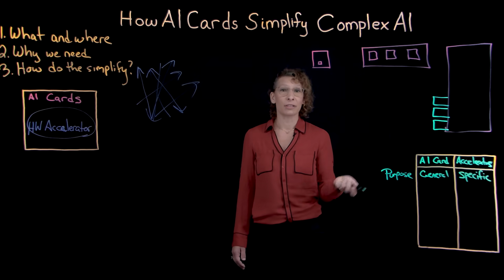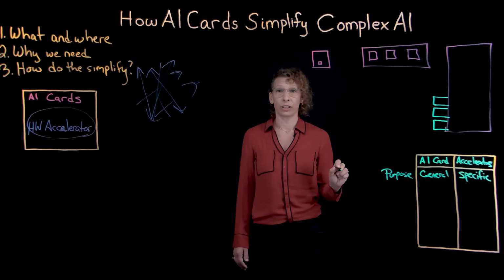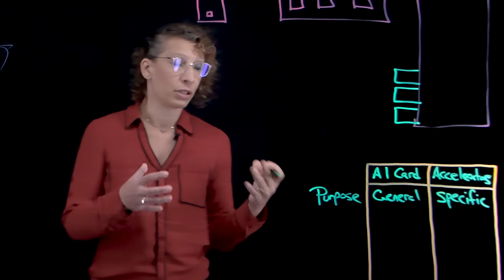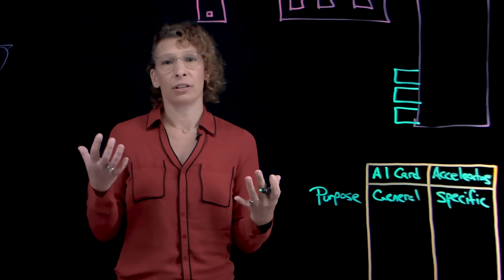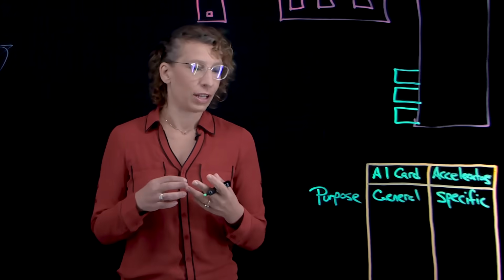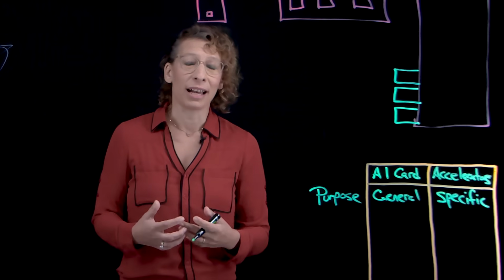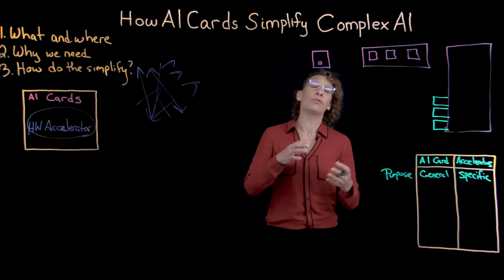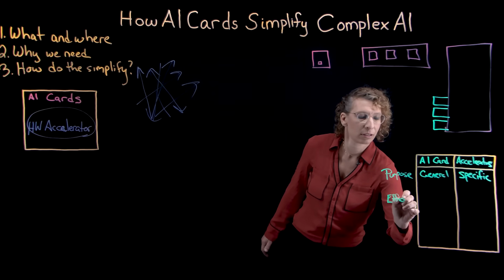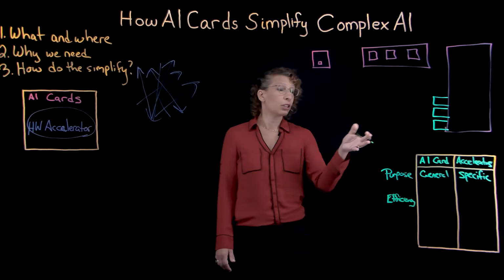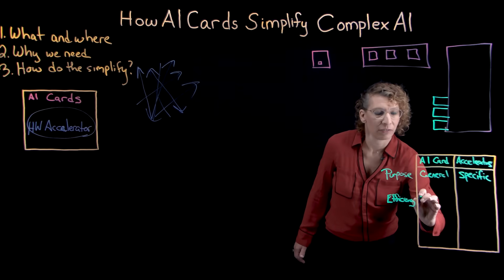Because of these purposes, the efficiency of these cards is different if you use an accelerator versus a regular card. In the space of AI, when we talk about efficiency, we're actually talking about a combination of different metrics. There's the accuracy of your result, how fast you get that result back, and how much power and sustainability impact there is as a result of getting that. All of those components become what we measure in the AI world as efficiency. So with a card that you're using for AI, your efficiency is going to be variable.